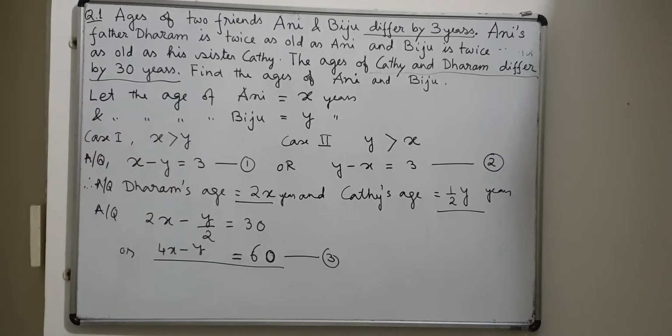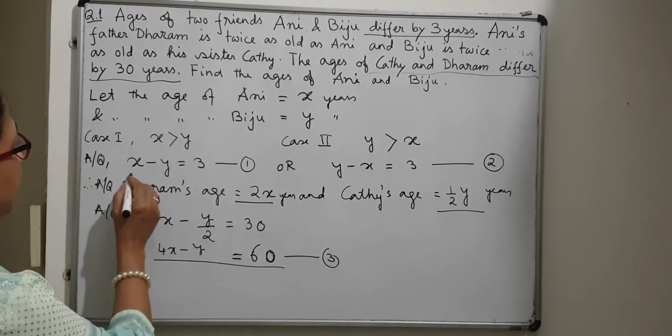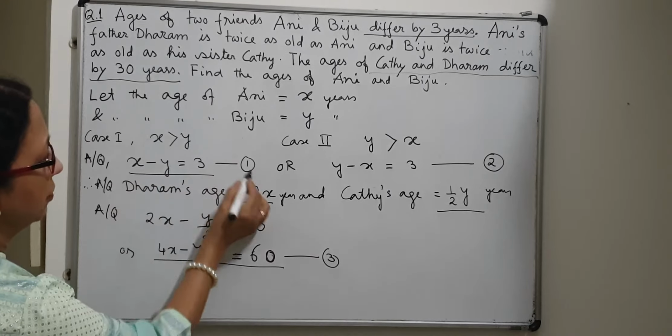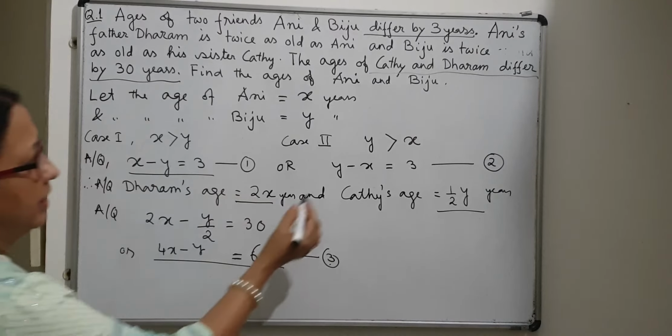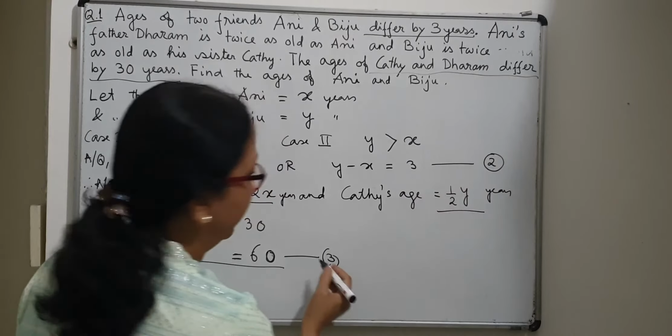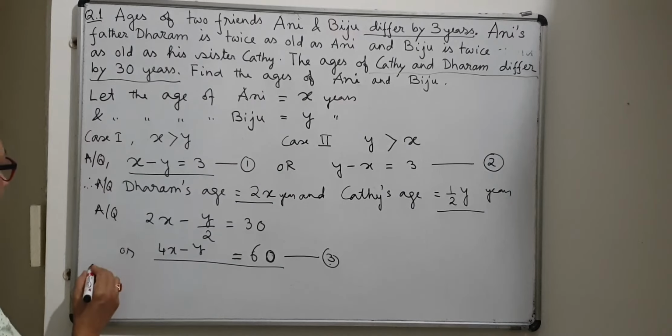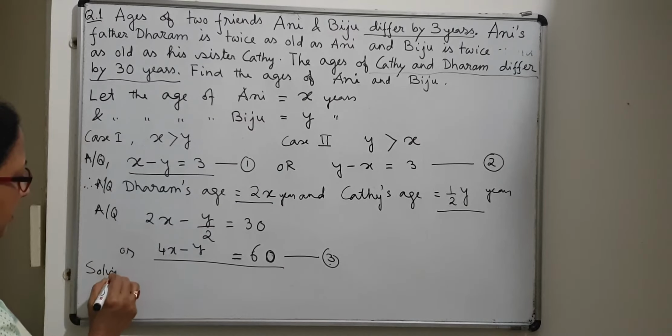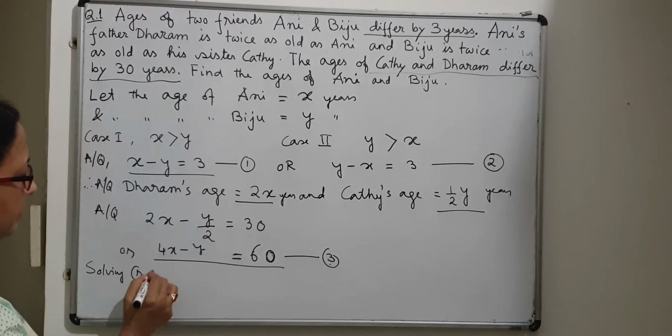So now for case 1, I have to solve equations 1 and 3, and for case 2 I have to solve equations 2 and 3. So first, solving equations 1 and 3. How can we solve?